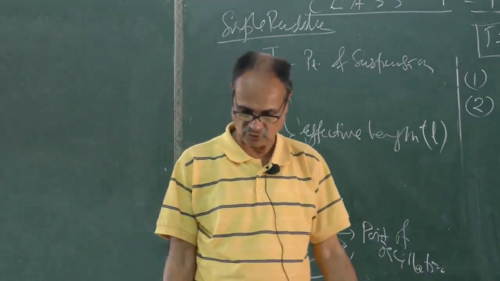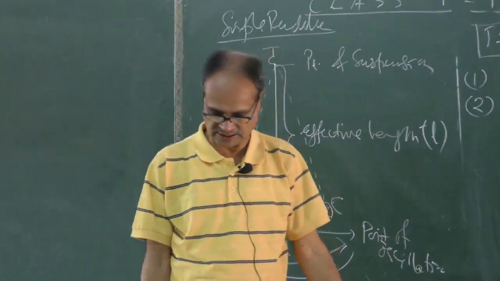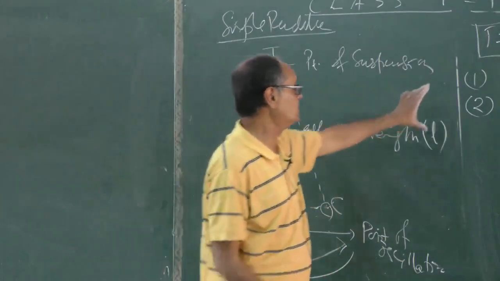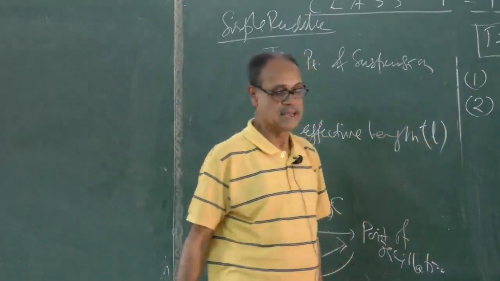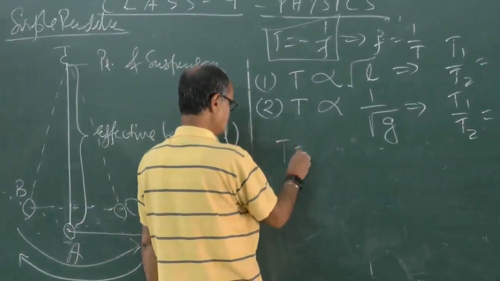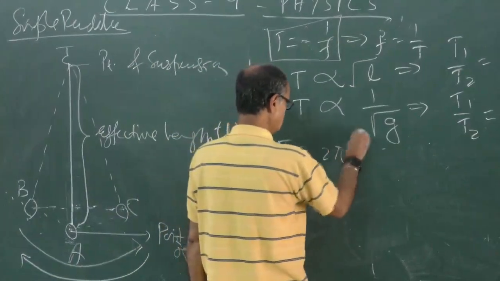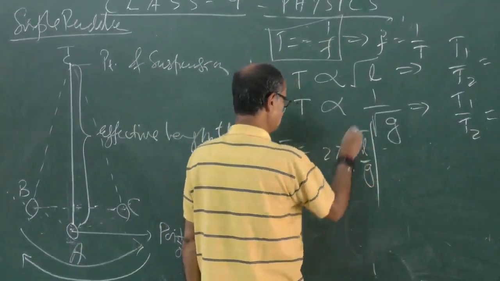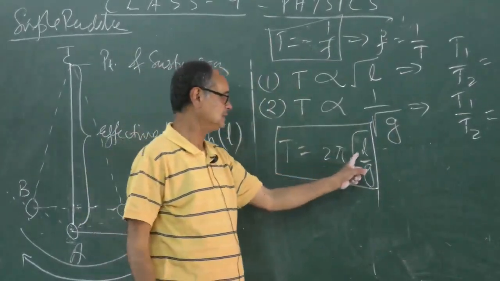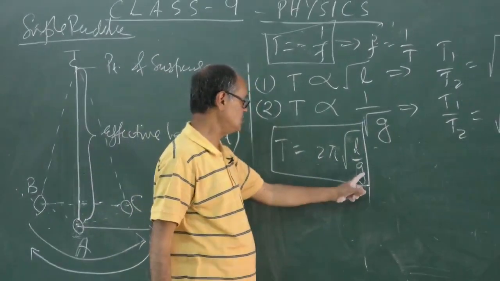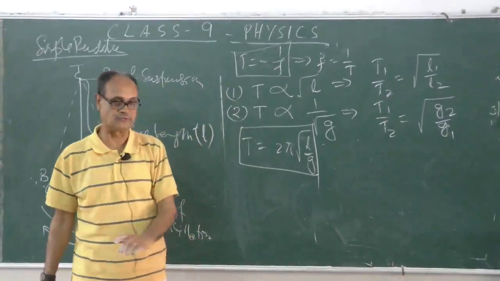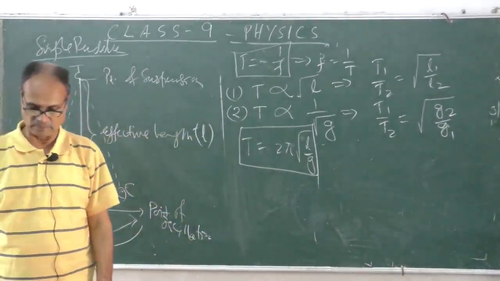That value will give you a direct value for g, which is a constant, and that is 4 pi square by the slope. For numerical purposes, the general formula is T is equal to 2 pi root over L by g, which gives you the time period, having known L, the effective length, g, the acceleration due to gravity, and pi value 3.14. Then the value of T can be calculated by this form.